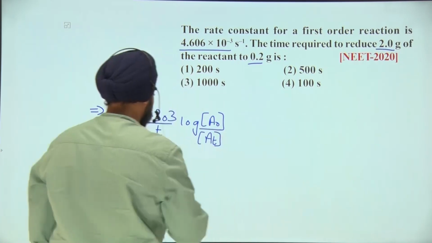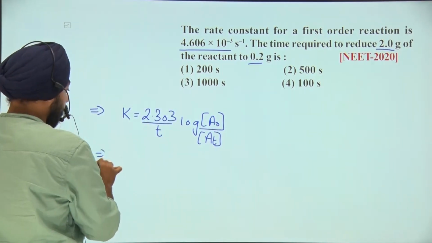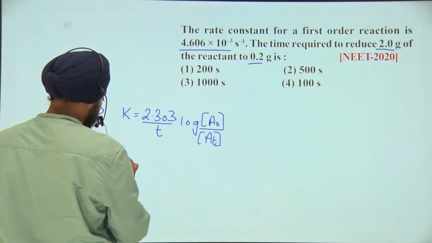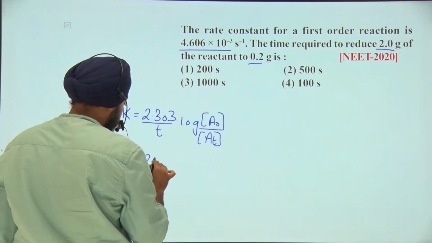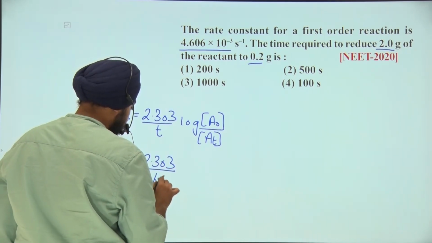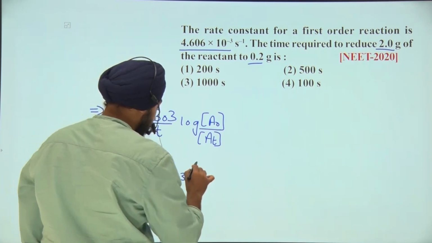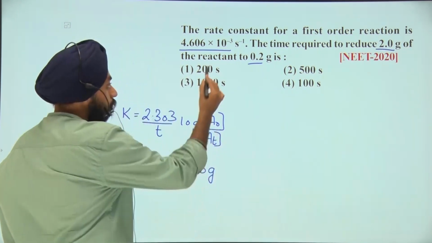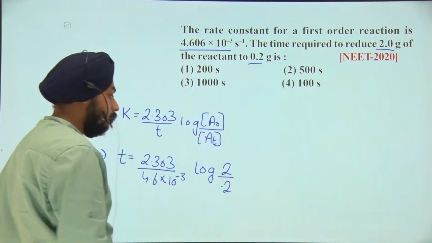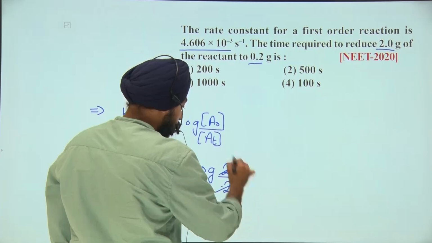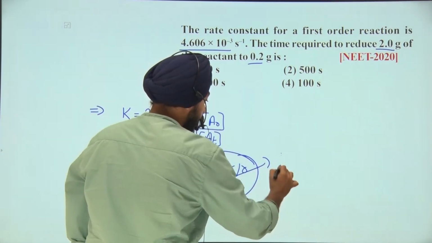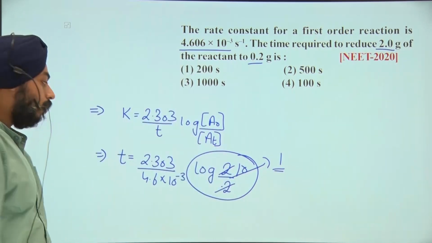This is the relation. We have to calculate the time, and we have been given the value of the rate constant, that is 4.6 into 10 to the power of minus 3. So time from this will be 2.303 divided by 4.6 into 10 to the power of minus 3 into log of, this is 2 gram initial concentration and the final concentration is, students, 0.2 gram. After cutting, this comes out to be 10, and the value of log 10 is 1.